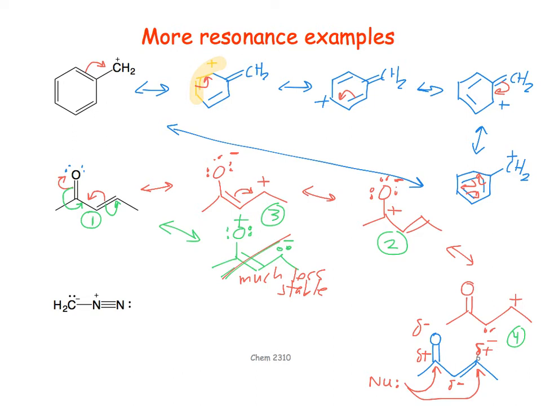Okay? All right, so let's look at the last one. What can we do to show some resonance for this last structure? All right, we've got some non-bonding electrons next to a pi bond, so let's try this first. Let's move these electrons down and move these electrons over here.